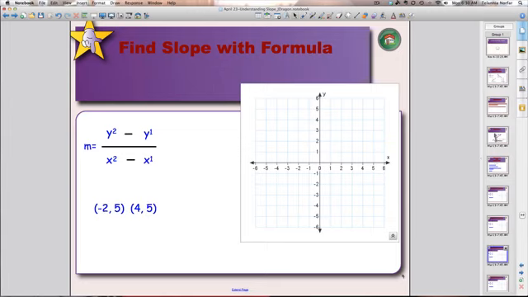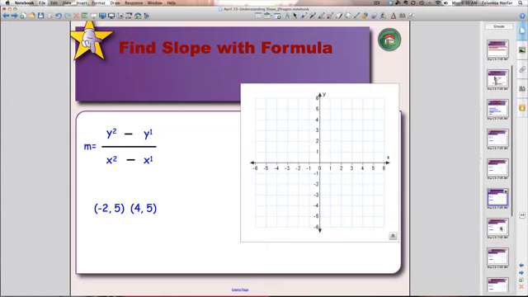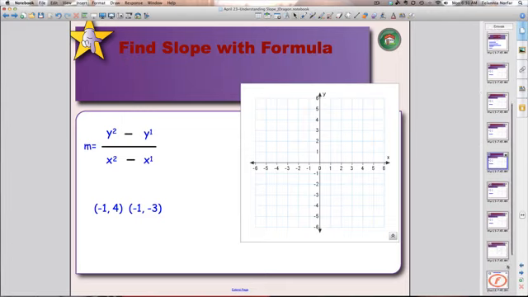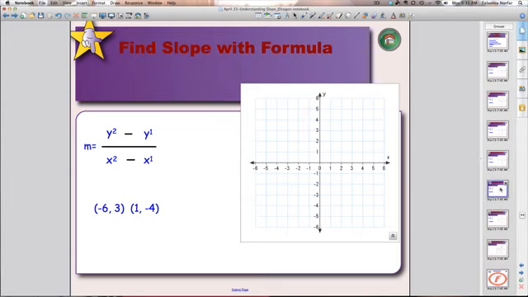Okay, here's our third problem. Again, use the slope formula. Also verify by plugging the points on the graph. Unpause the video when you're done. Here's another problem. Again, unpause the video when you're done. Okay, here's another one.